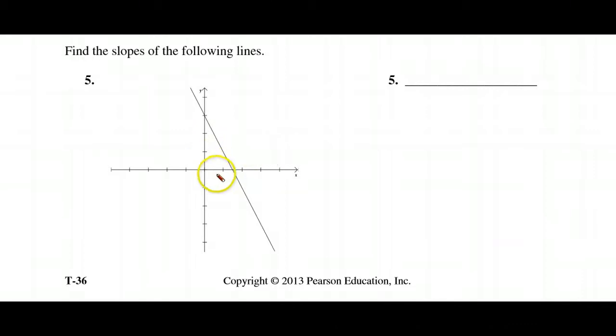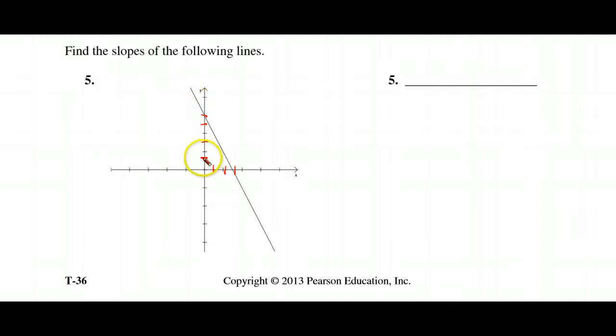And let's see what we can do here. They're saying let's put a few more lines in there, like so. Okay, so how many units up do we have for our rise?